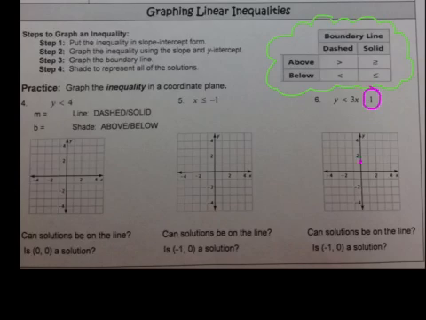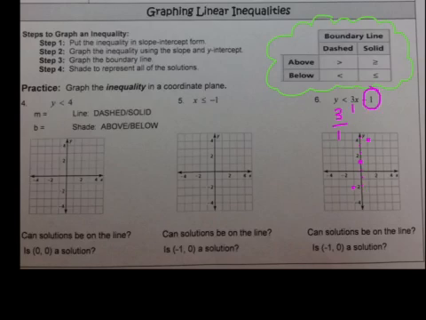And then I know that this is my slope. So my slope is 3/1. From here, I would go up 3 and over 1 and put a dot. And then I can also go down 3 and to the left 1. All right? So now that I've got that, go ahead and connect them.